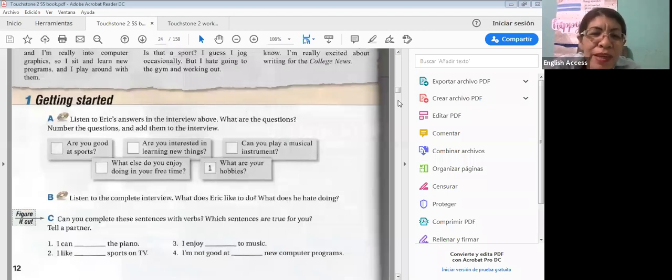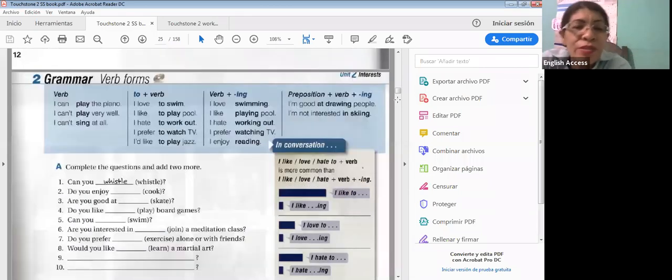Now let's go with the next page. Okay, in exercise 2, as you can see, we have the grammar chart. It says verb forms. We have 4 columns. The first one, we have only the verb. I mean, we're using the auxiliary can, so we only need a verb in simple form.